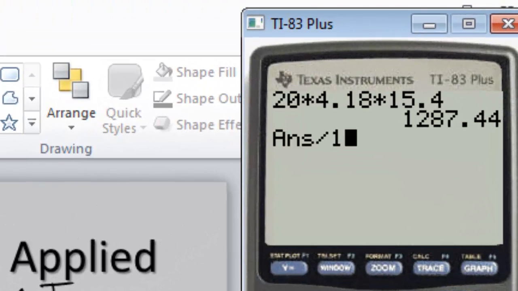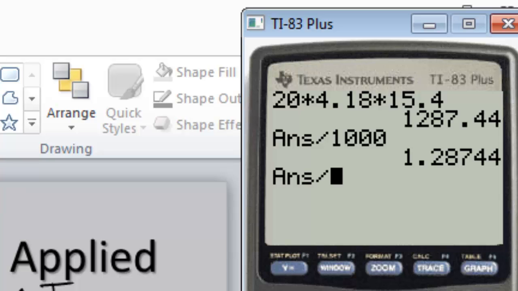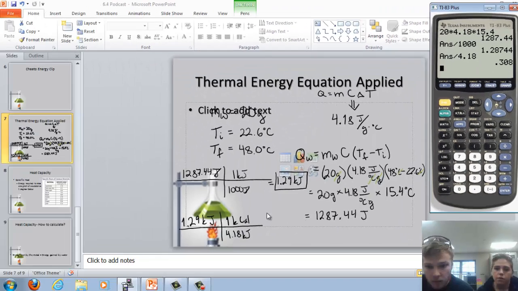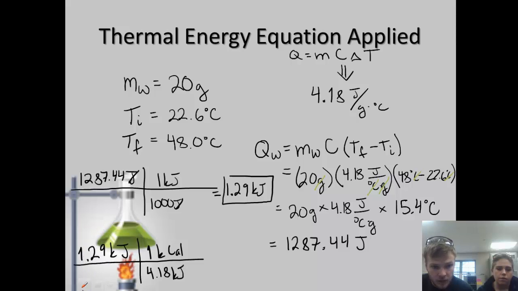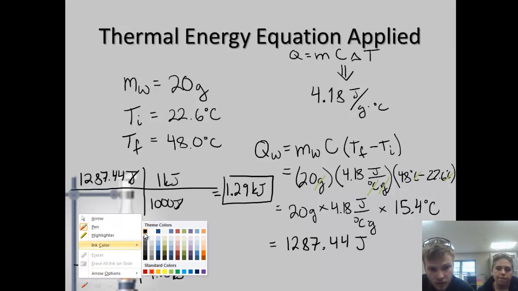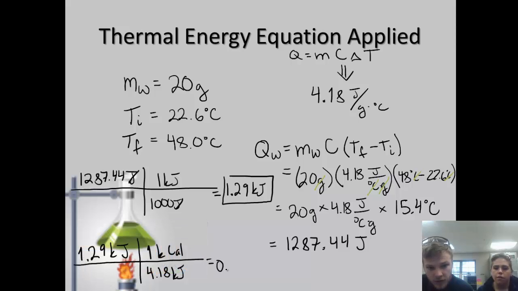I can divide, and I got 1.29 divided by 4.18, and I get about 0.31 kilocalories.